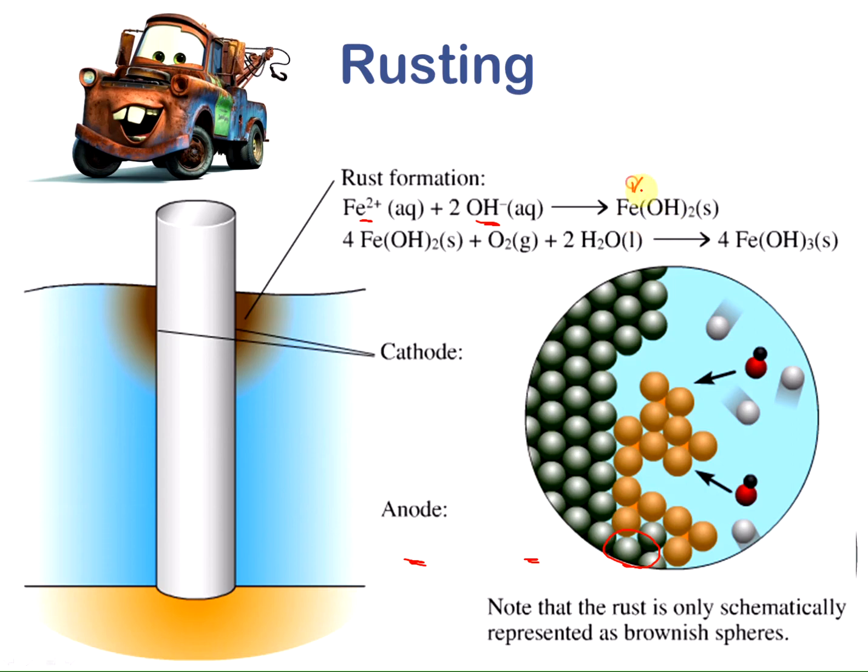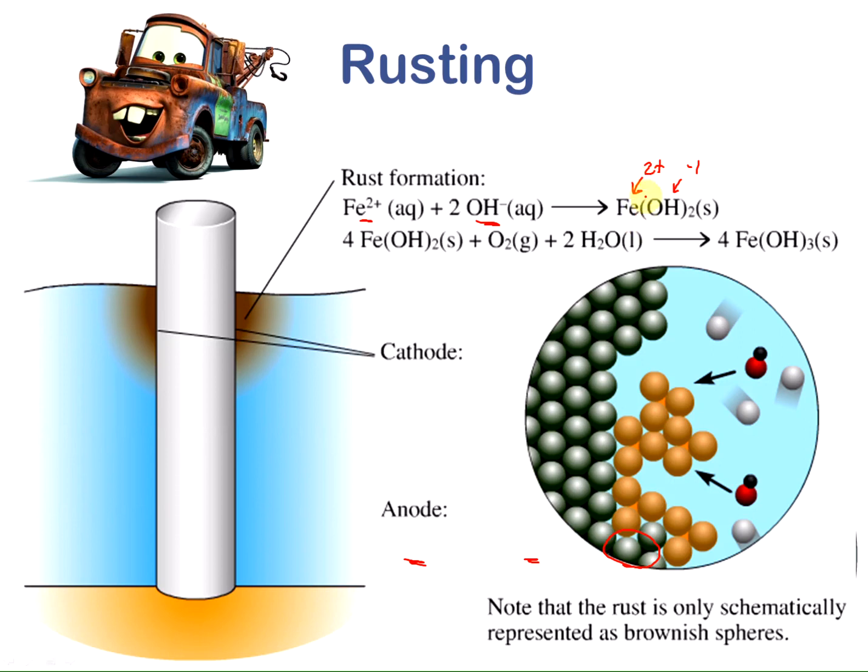So the oxidation state of the iron there is 2+. That's because this compound has an overall neutral charge, and each hydroxide is a -1. And since there's 2 of them, so 2 minus, the iron has to be 2+.